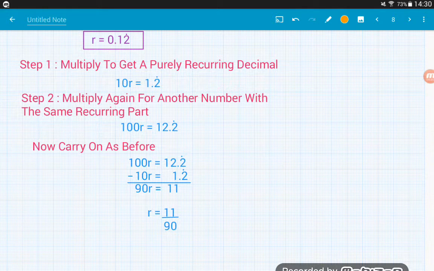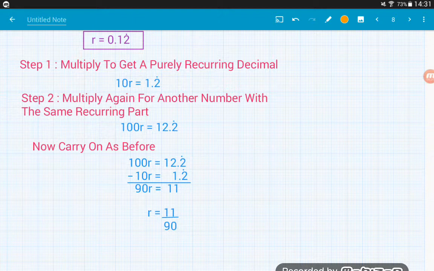Now once we've got a number with a purely recurring decimal, we're in a very similar situation to all the ones that we've done previously. We now just need another number with the exact same recurring decimal. So what we're going to do to 10r equals 1.2 recurring, we're going to multiply both sides of that again by 10, and that's going to give us 100r equals 12.2 recurring.